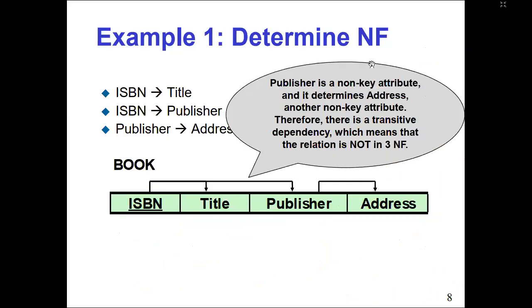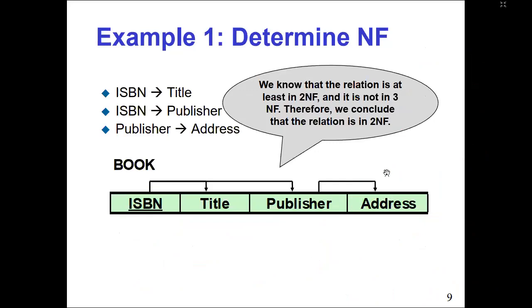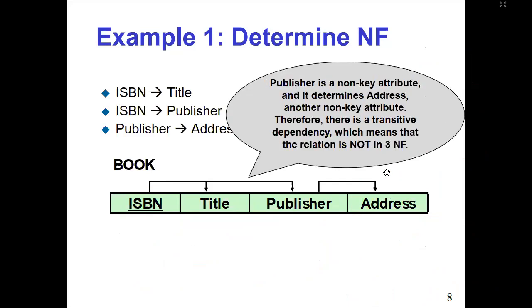Now you can see publisher is a non-key attribute and determines the address. The address is a non-key, publisher is a non-key. So one non-key is determining another non-key. Therefore there is a transitive dependency. This is a transitive dependency.